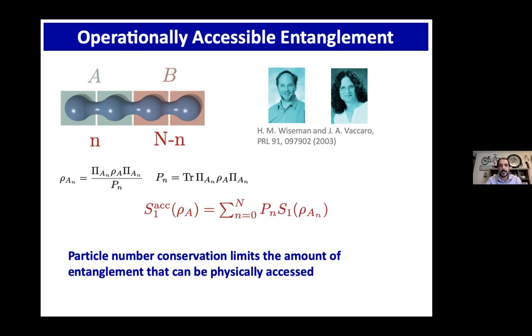This means that at any point that you project or do any operation on partition A, you already know the number of particles there, and that fixes the number of particles on the other partition.